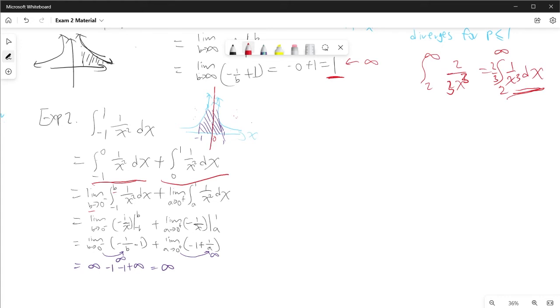Taking the limit, approaching 0 from the negative side, for the -1 to 0, it's this side, and then approaching 0 from the positive side, from the other one, from a to 1.